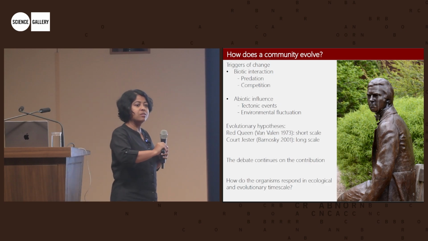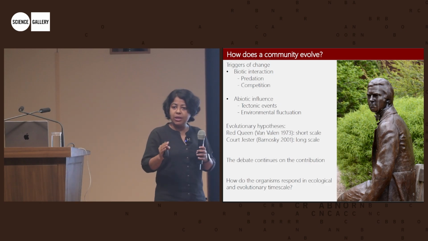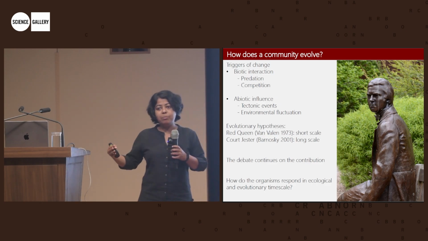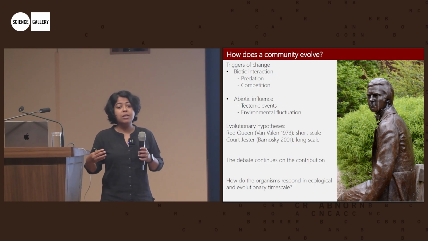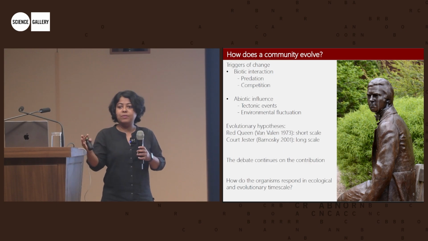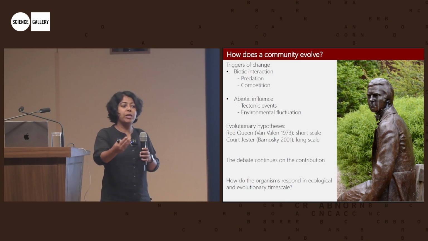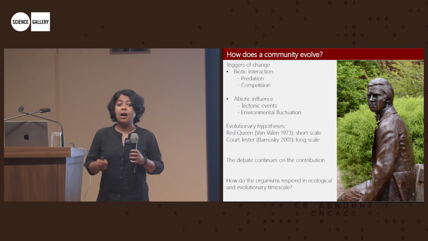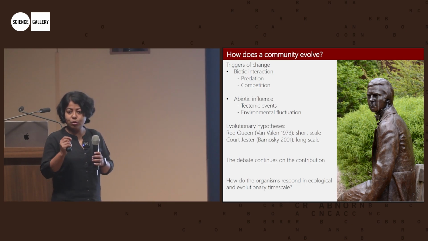The major triggers remain the same. The groups change either because their biological environment around them changes, or because the physical environment changes. Either of these changes will make a group change, but then the question is how quickly does the group change? Does it change in one generation, or does it take millions of years?